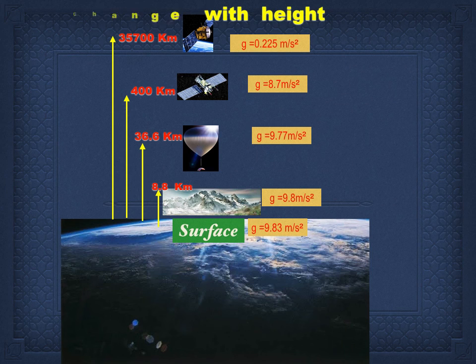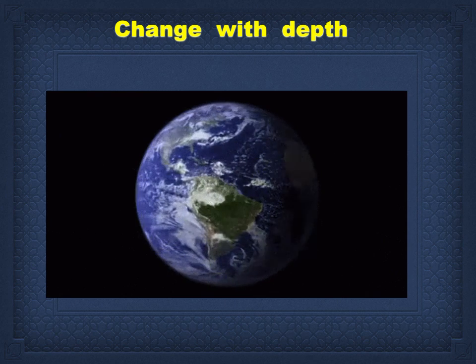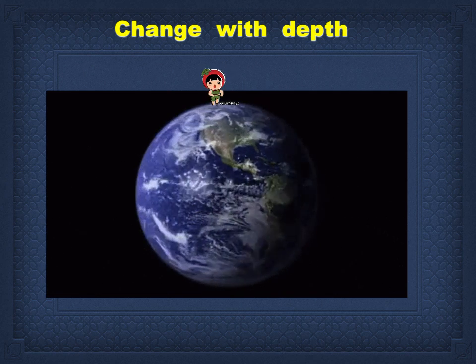Next we shall see whether the value of g changes with depth. Now we have seen that the value of g decreases as we go above the Earth's surface. Now we shall see what happens when we go inside the Earth. As you can see, there is a girl standing on the surface of the Earth.